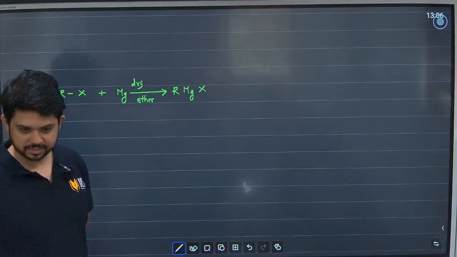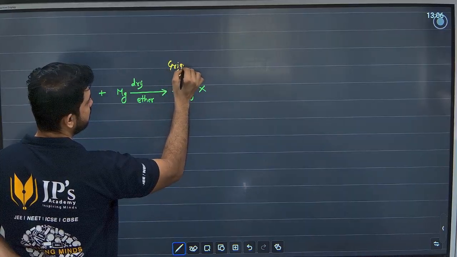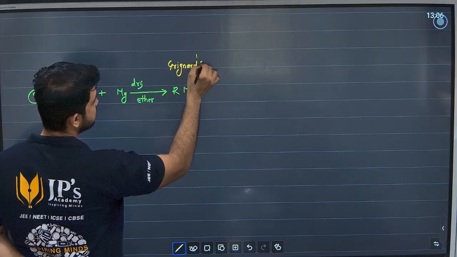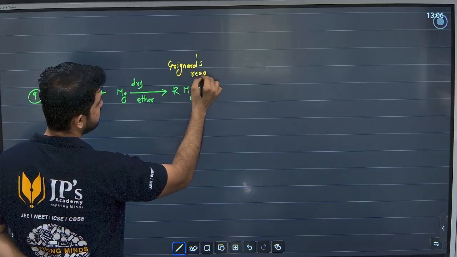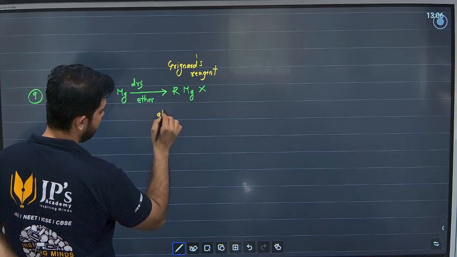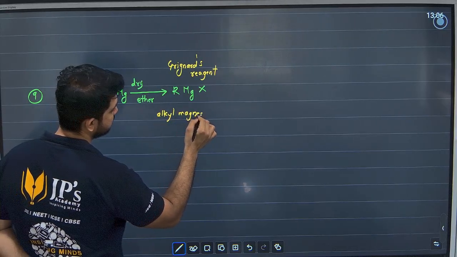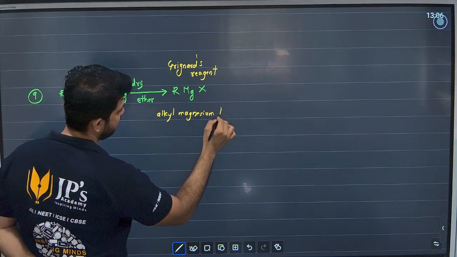What is RMgX called as? Grignard's reagent. Nomenclature please for Grignard's reagent. Alkyl magnesium halide. कुछ याद आ रहा है?